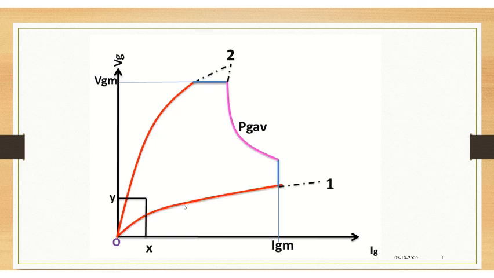There will also be some minimum voltage and minimum current ratings specified by the manufacturer. So VG minimum and IG minimum will also be specified. What are all these?